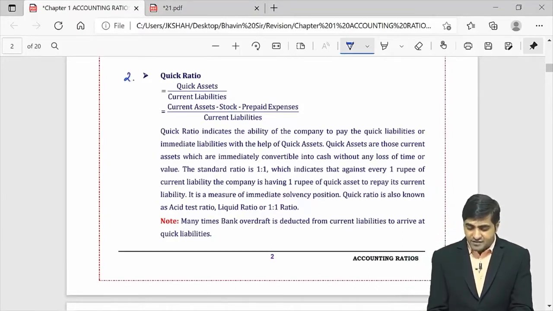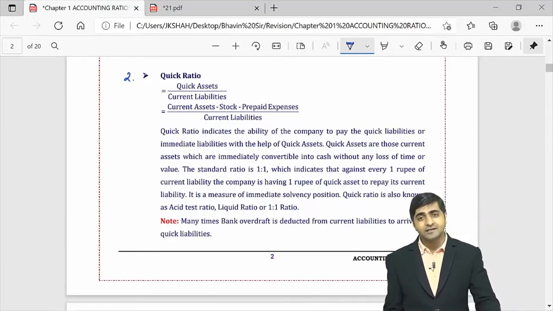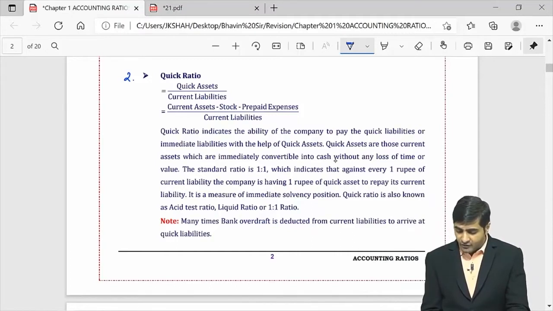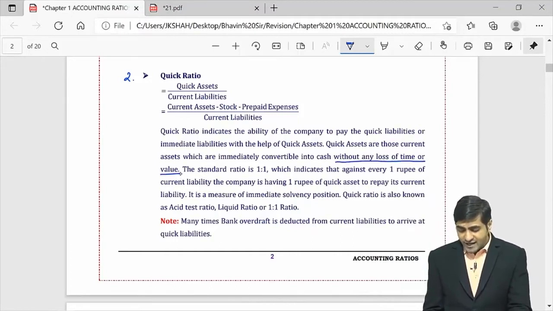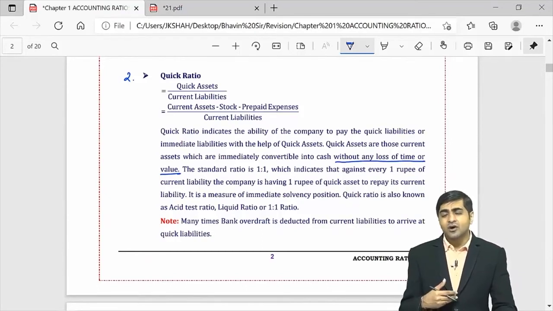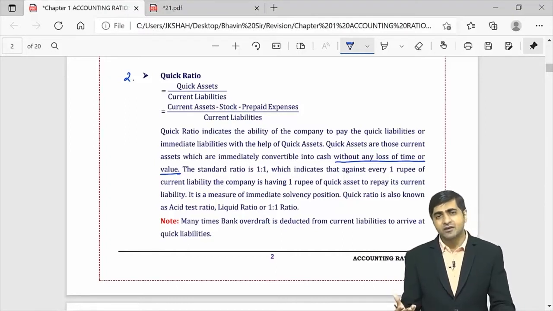Then guys, we have something which is called quick ratio, where we are going to take quick assets upon quick liabilities. Guys, quick assets are those assets which can be immediately converted into cash without loss of time or value. So guys, anything which can be immediately converted into cash. Let's say for example, money lying in short-term investments which can be easily converted into cash, that is marketable securities.